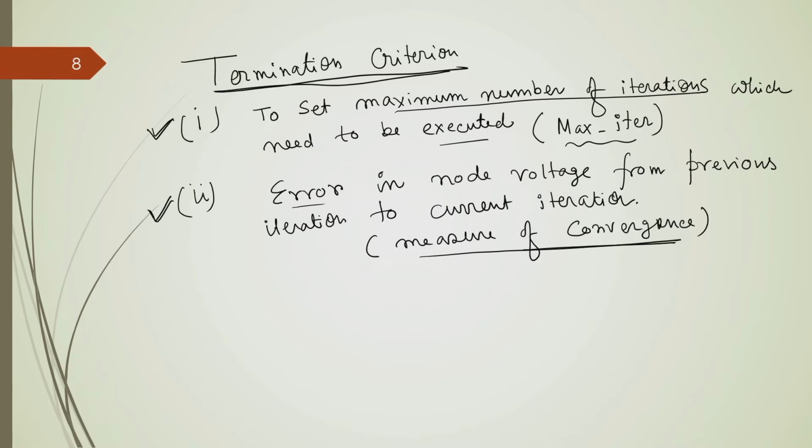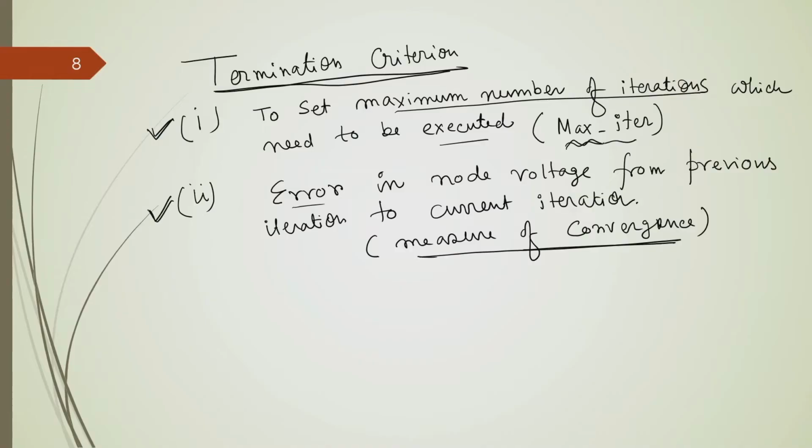Suppose we set the maximum number of iterations to 100 and we achieve convergence after the third or fourth iteration, then we need not continue till the 100th iteration.